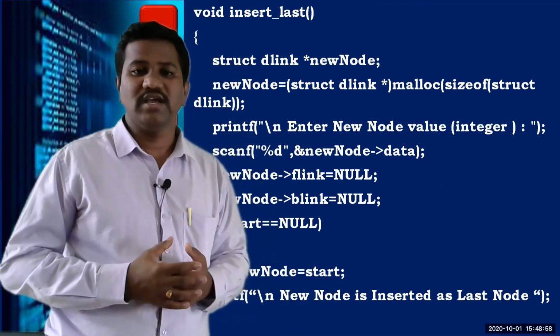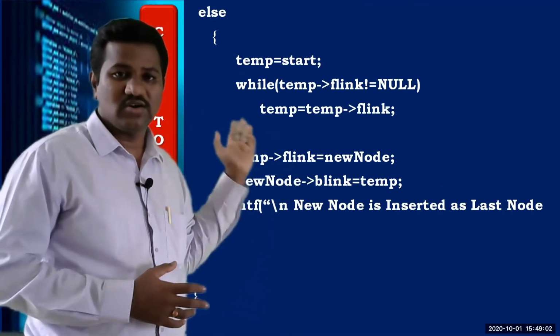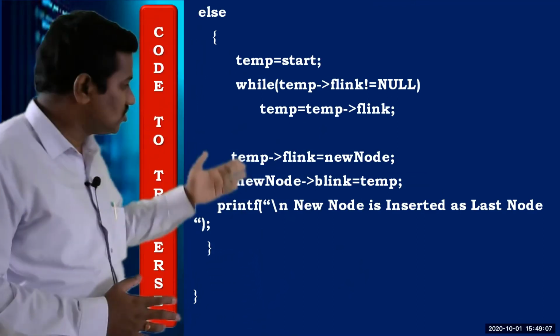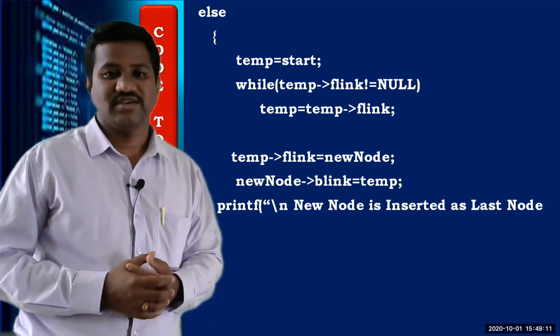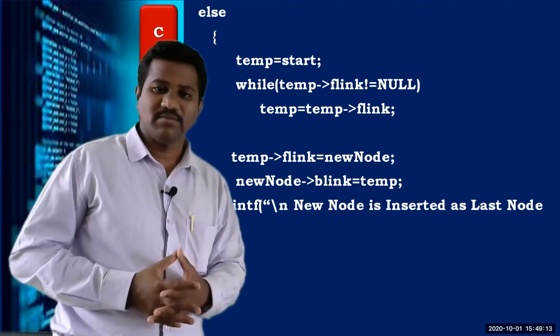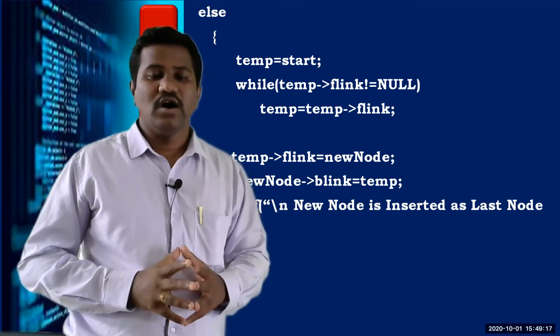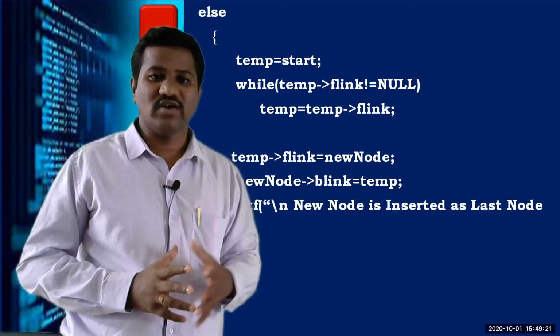If the list is not empty, we enter the else part. In the else part, we assign start to temp and reach the last node. After reaching the last node, with the help of these two instructions, we establish the connections. After that, we give a message that the new node is inserted as the last node. So this is how we insert a new node as the last node. I hope everyone understood it.